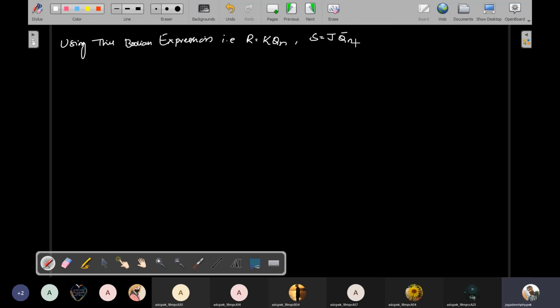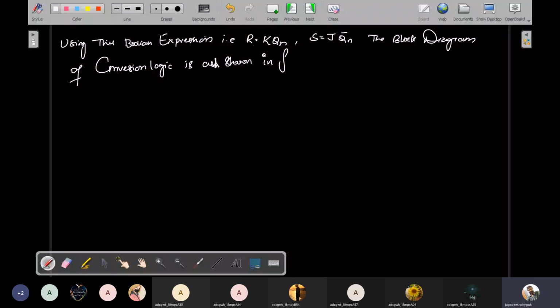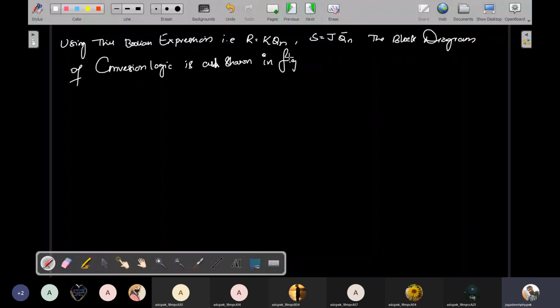Okay. The block diagram of the conversion logic is as shown in the figure. See, so simply this is the conversion logic.